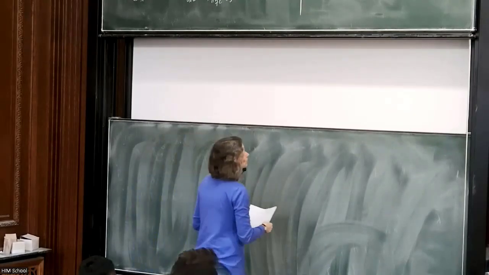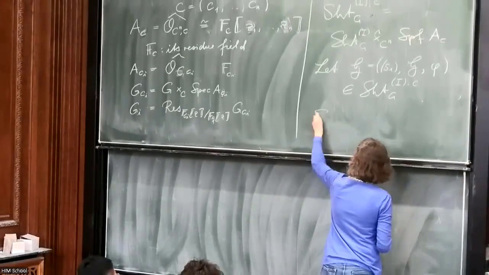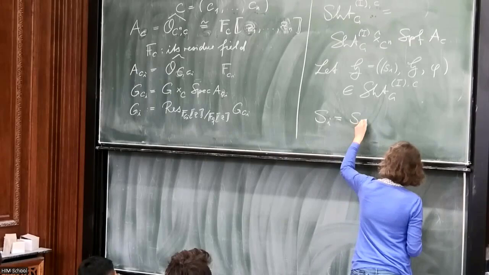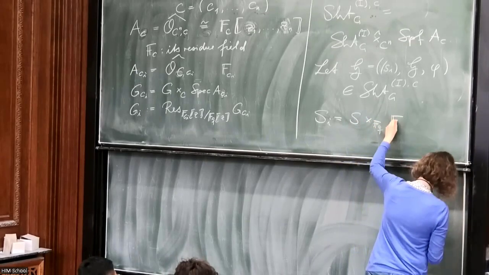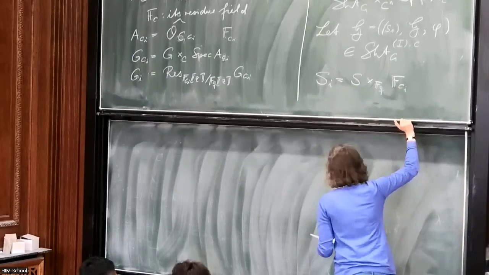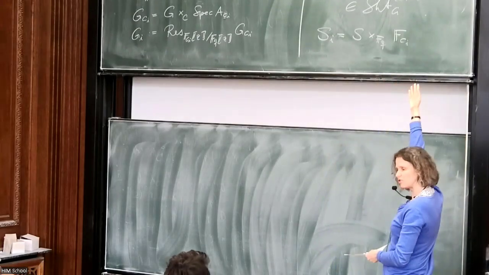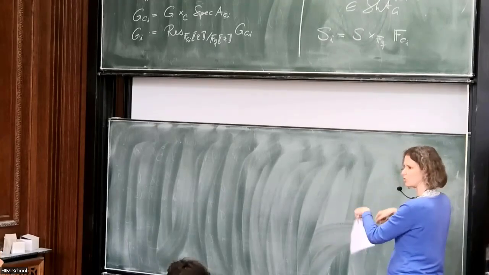Okay, I need one more notation. SI is the product of S over FQ with F CI. And then I want to produce for every I from this global G Shtuka, or from this global G torsor at first, a local torsor.